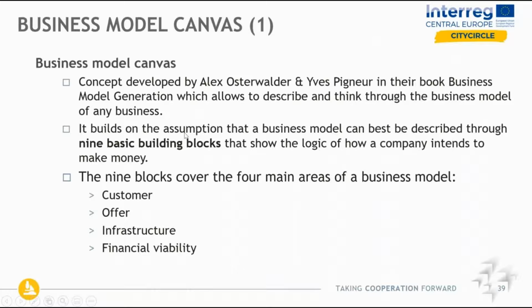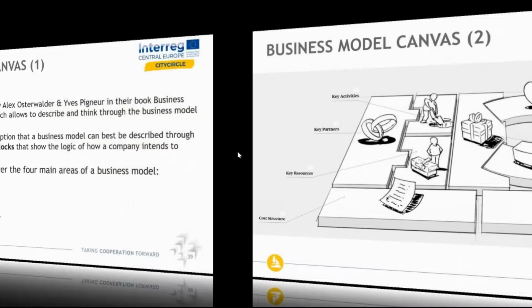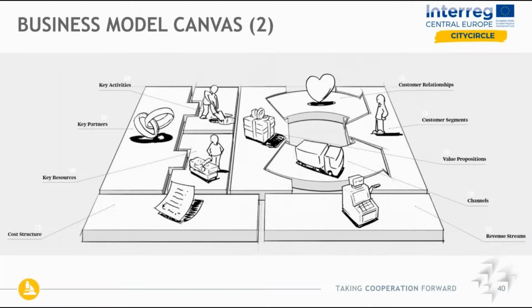You have also this business model canvas, which I included, which is not typical for the circular economy, but it's quite a lot used right now in the investment world and the startup world to have a look at projects, and it enables you to look at the main parts of a business model.